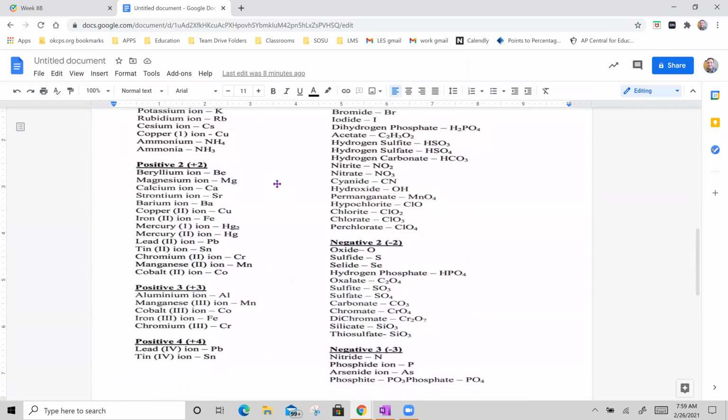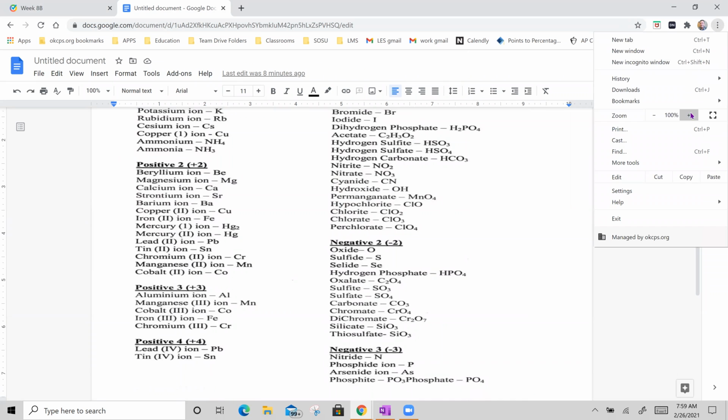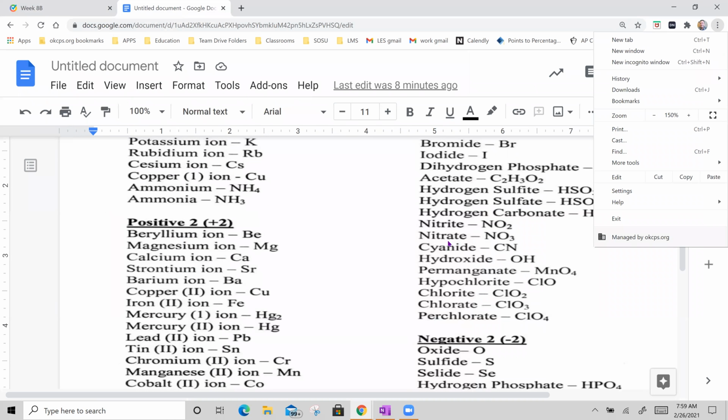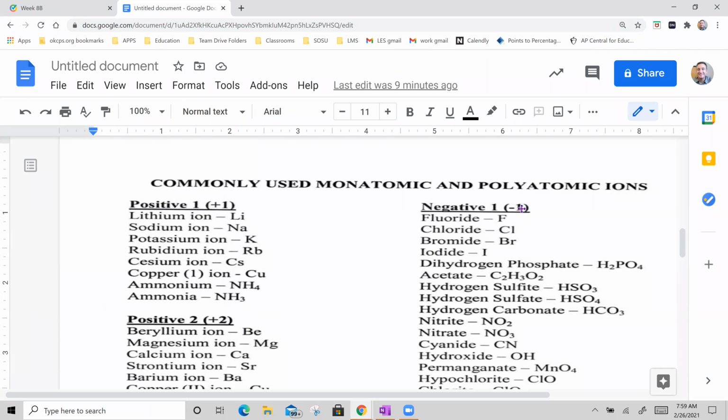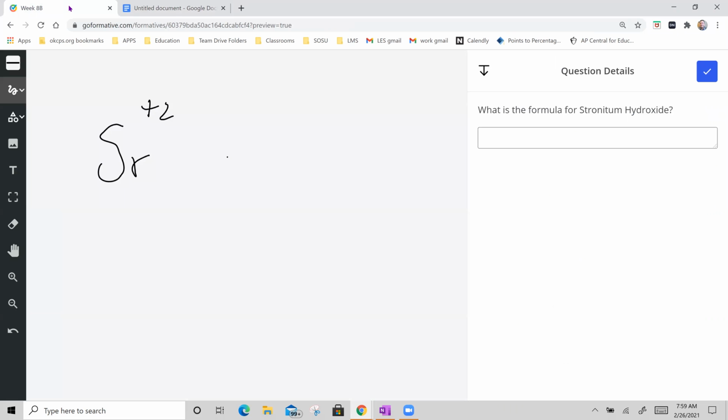Hydroxide is a polyatomic ion, and you can see it right here: OH. OH is the formula for hydroxide, and it has a -1 charge. So it's OH -1. You can type that in or write it in however you want to do it. It does not matter to me. So what you have there is the charges of strontium and hydroxide.